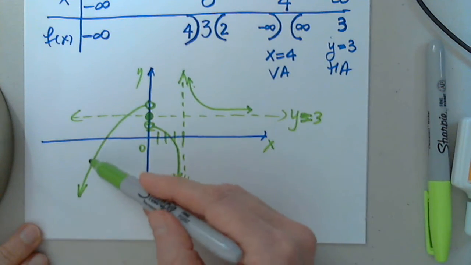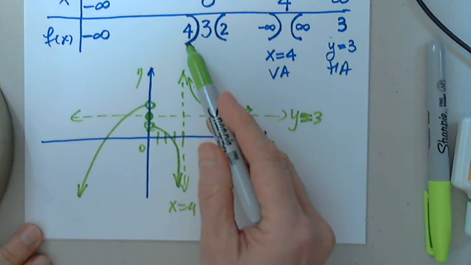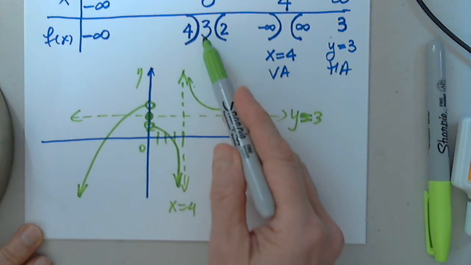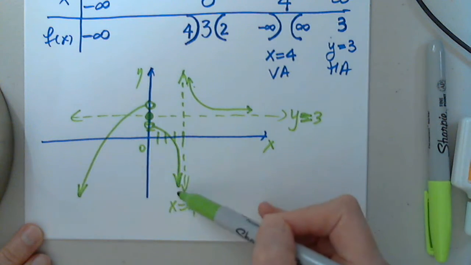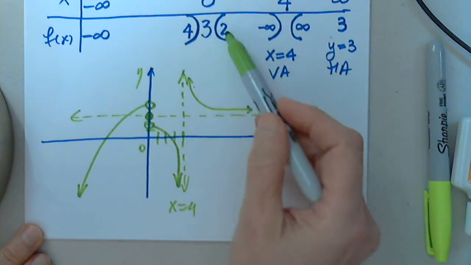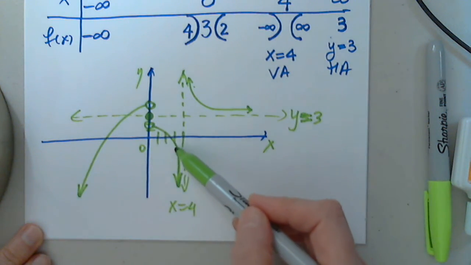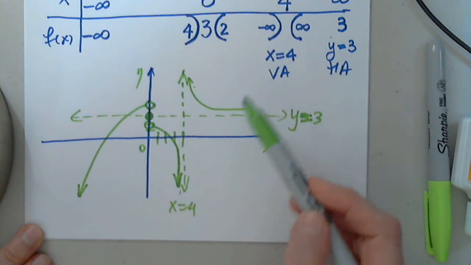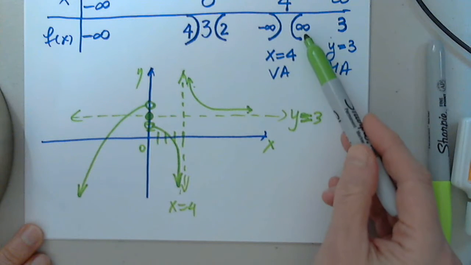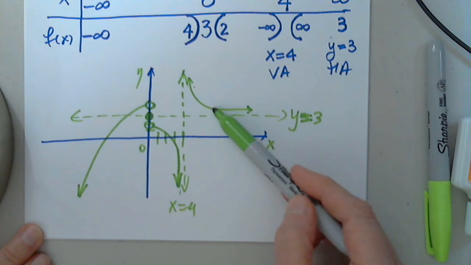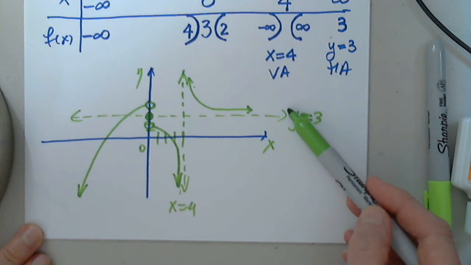So from negative infinity to 4, okay. (0, 3), okay. On this side to (0, 2), which is open, coming down to negative infinity, it has a vertical asymptote. And on this side, it's coming from positive infinity, approaching 3.